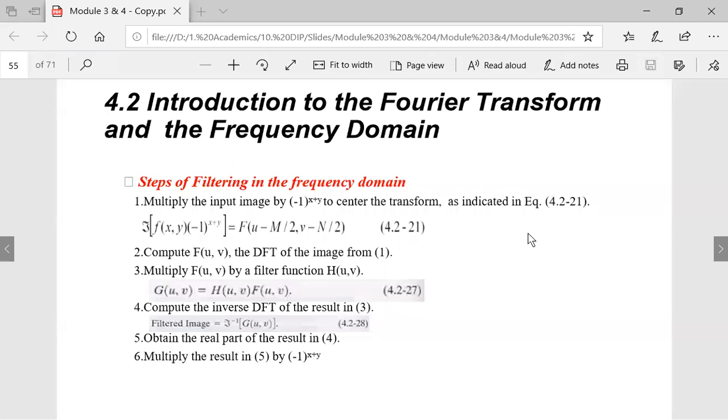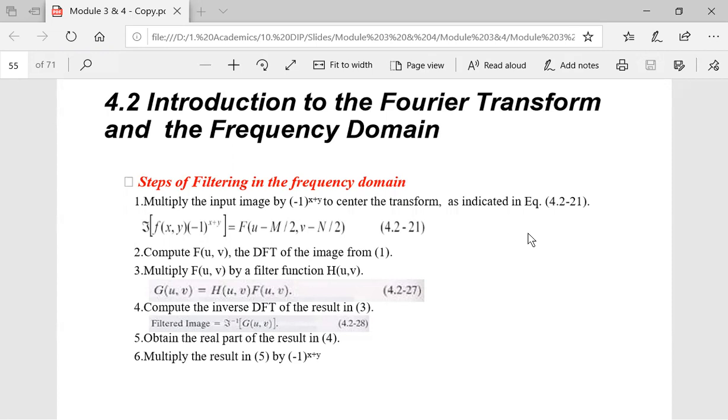So I repeat once again. In the Fourier transformation in the frequency domain, what we have to do is first take the original image, that is F(u,v), then apply some transformation, that is T of F(u,v). Here T is nothing but some function, which we are calling the filter function.